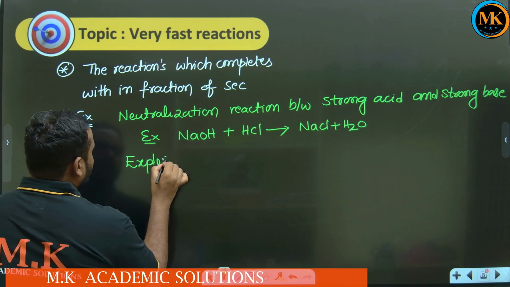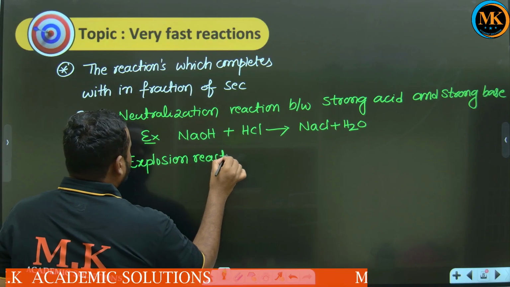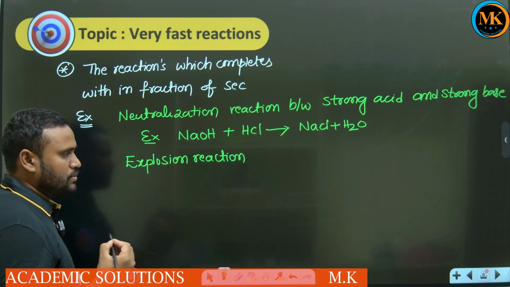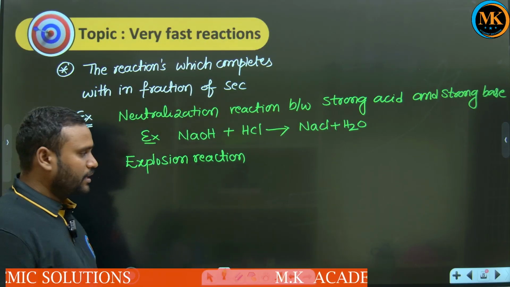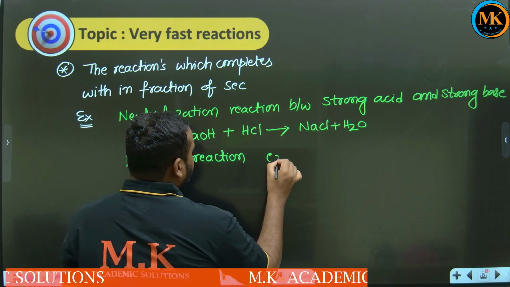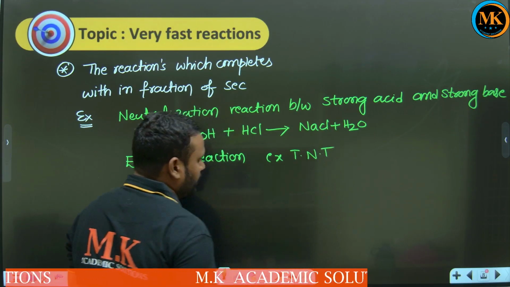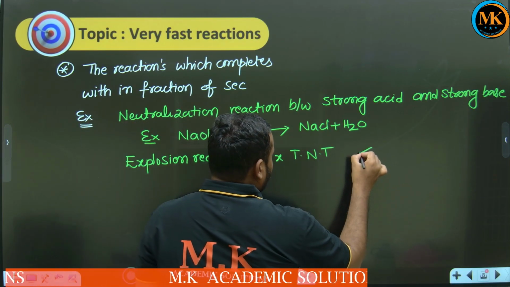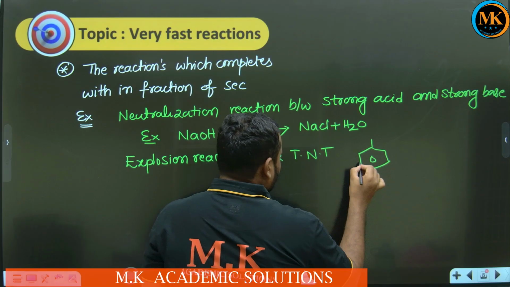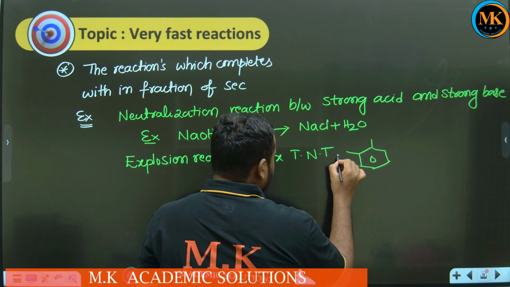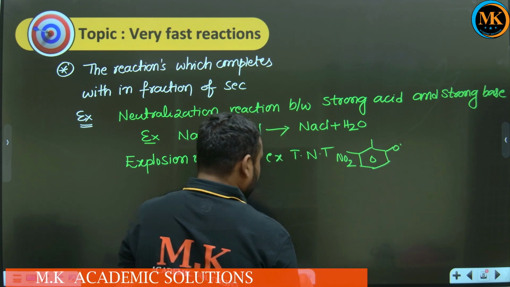And next, explosion reactions. Explosion reactions are also very fast reactions. For example, explosion of TNT. TNT is trinitrotoluene. This is the structure of trinitrotoluene.